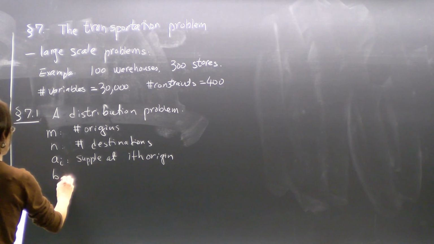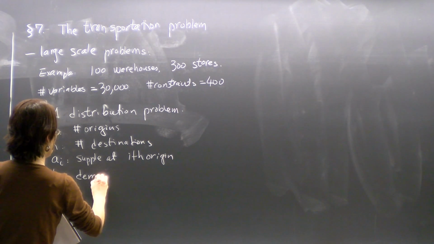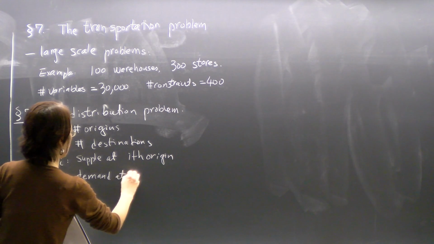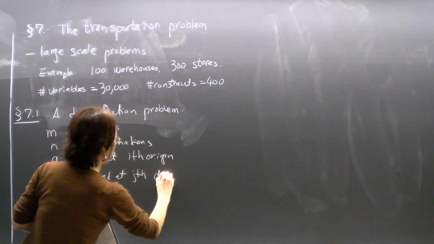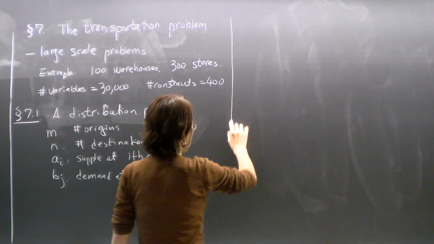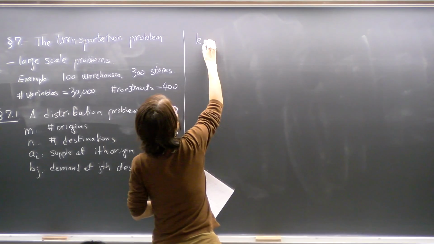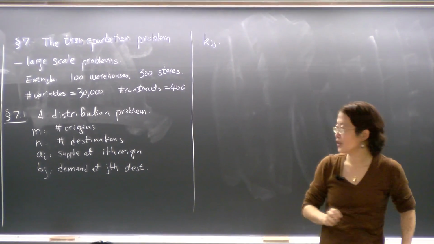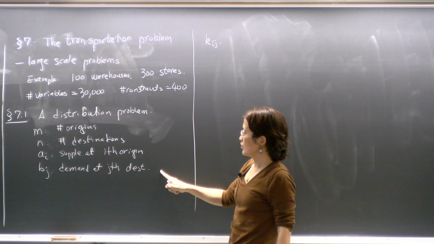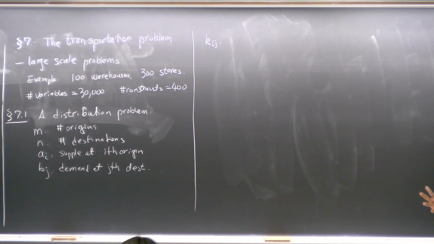And then I have demand from retail, so b_j is the demand at the jth destination. So that's all set up. And then here there is an additional thing that we're going to add into it, that is to connect origin i to destination j. Say you run a truck. The truck has a maximum load you can put onto it. You cannot exceed it.